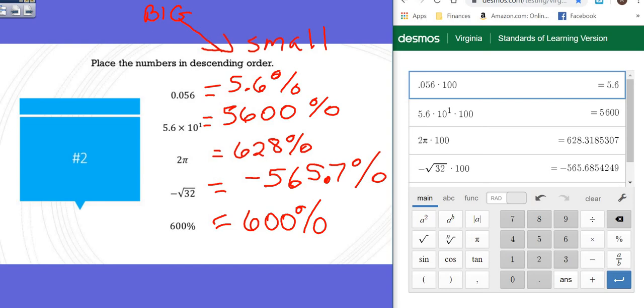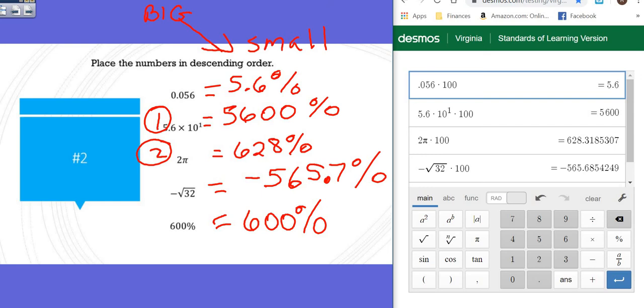So this wanted to start with the biggest number? Well, we know that that negative is going to be the smallest. We've got 1, 2, 3, 4, 5 of them. So our biggest number here is 5,600%. Our second biggest number would be the 628%.